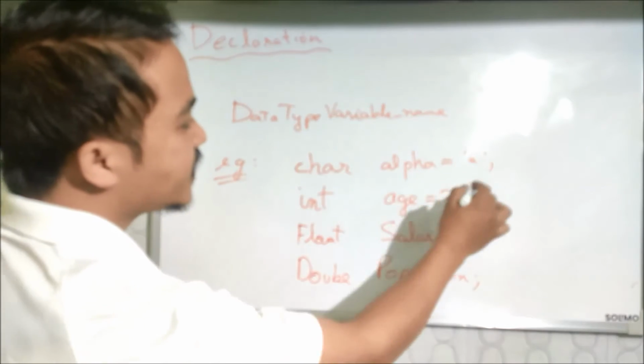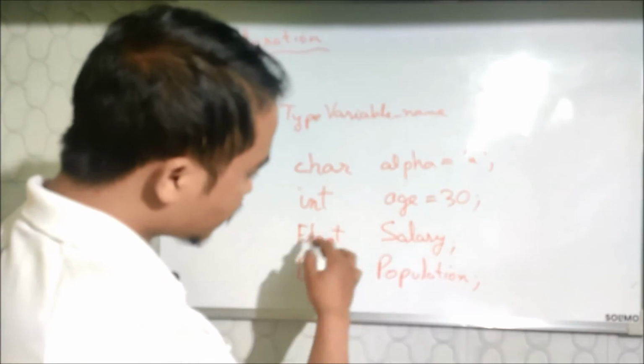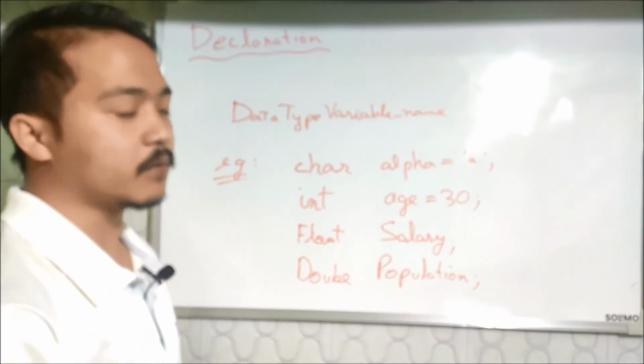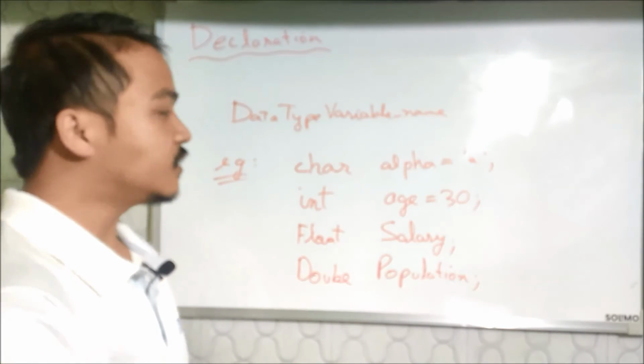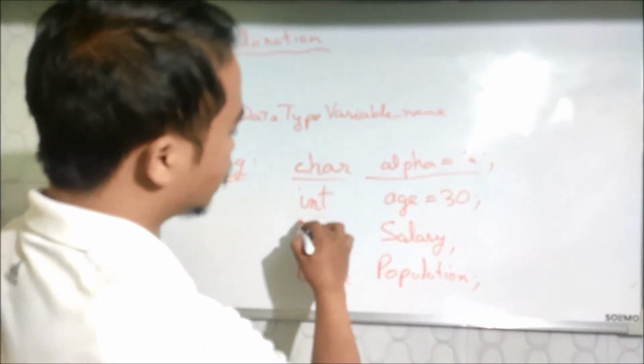This is the declaration part before. Now is the initialization part, because you can just declare it like this and later in the program you can initialize it, no problem. But if you want to initialize it while declaring it, you can do it this way also.